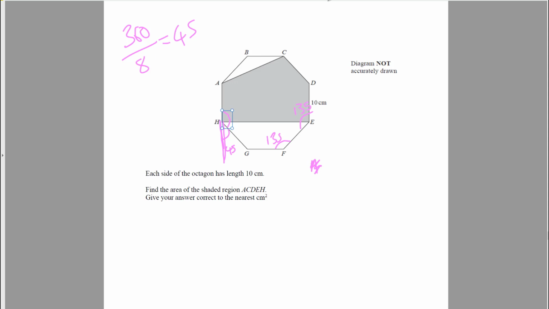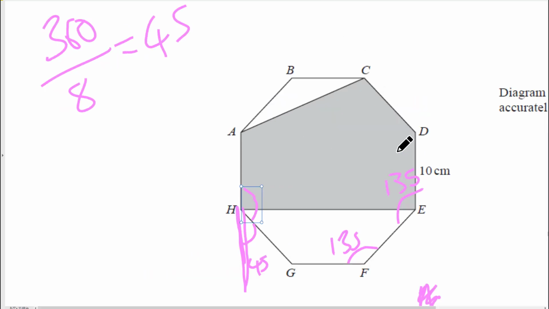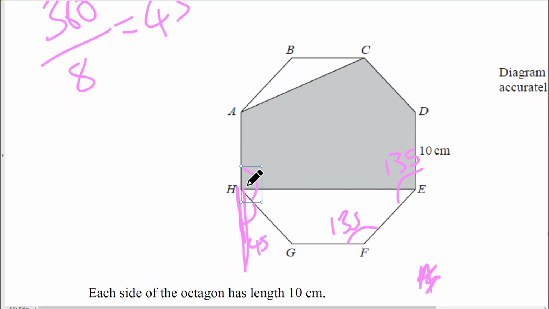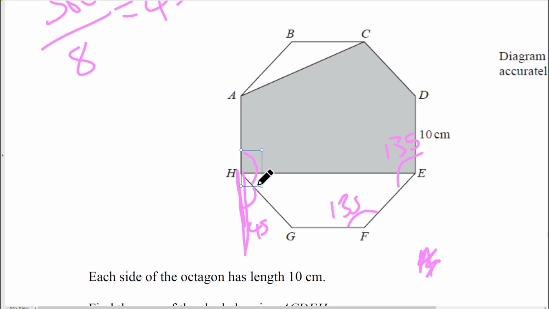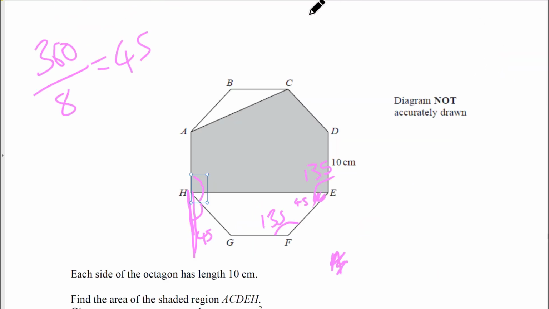I'm going to zoom into this. Right, so if that's 135, we've got a right angle here. So that bit here is 45. Okay, I think this is good. That's going to help.